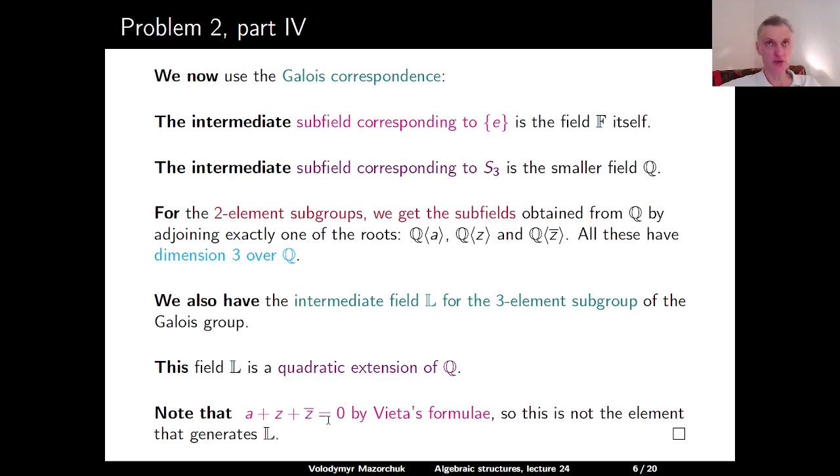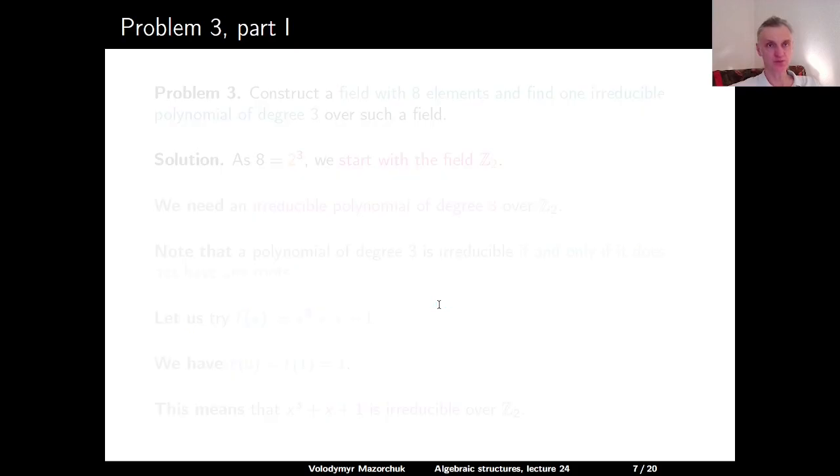So this naive approach to find a fixed point generator for the field L doesn't work. So to determine L, one needs to solve the equation explicitly and make some guesses with these explicit roots of our polynomial. So this finishes problem 2.